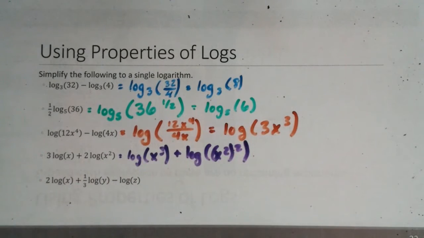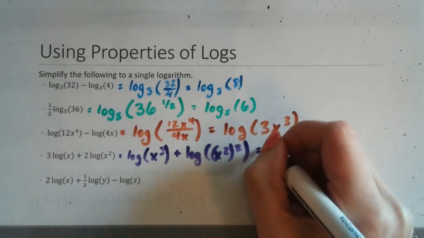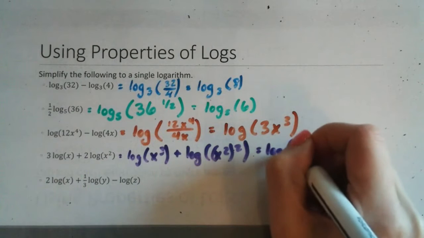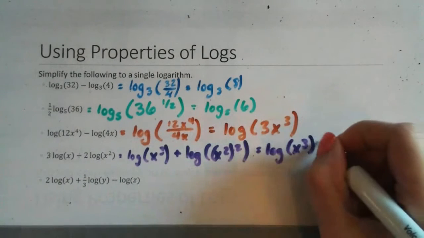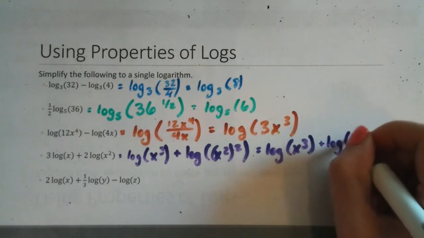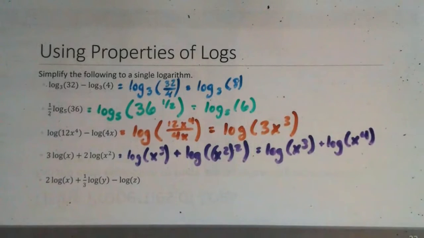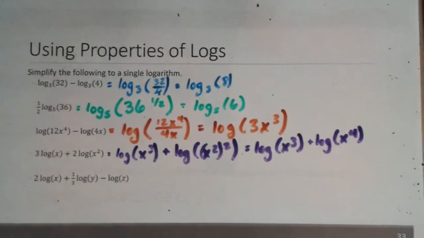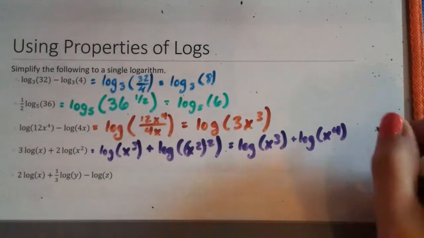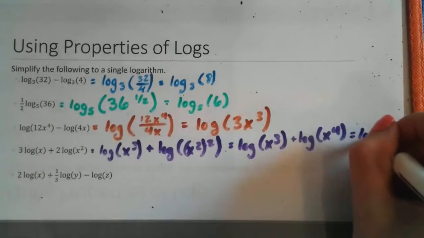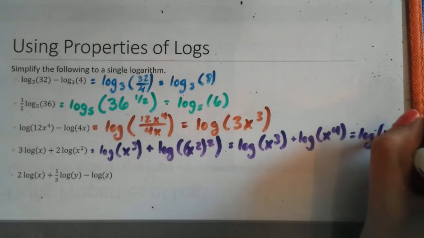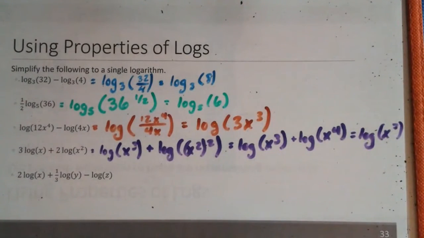But x squared squared is x to the 4th. So what we have is the log of x cubed plus the log of x to the 4th. If I combine those with multiplication, x cubed times x to the 4th is x to the 7th. So this simplifies into the log of x to the 7th power.